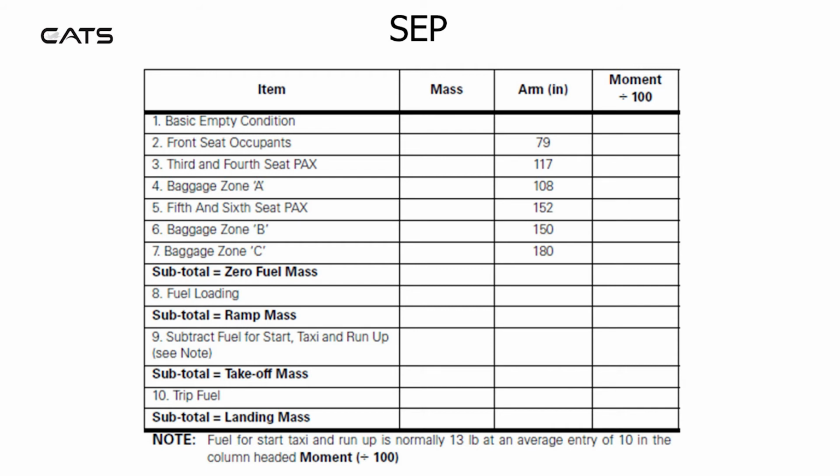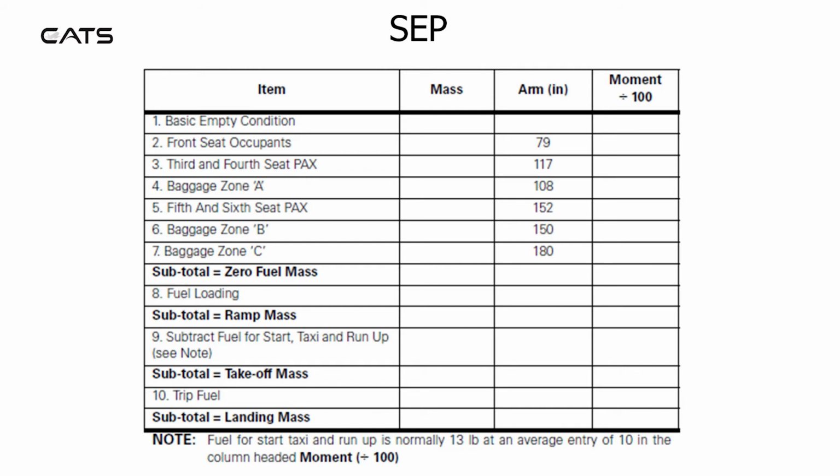Fuel is then entered at fuel loading, which results in a ramp mass, and subtract the fuel for start, taxi and run up, which is normally an average entry of 10 in the column headed moment divided by 100, 13 pounds of mass, and this will give the takeoff mass.